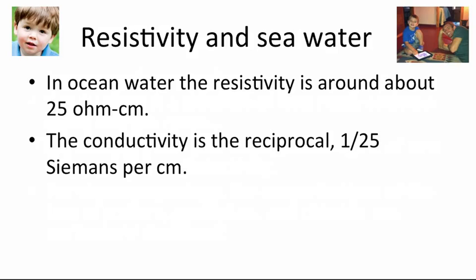Seawater has a resistivity of 25 ohm centimeters. Well, that's just an arbitrary unit, but it means that it's a fairly low resistivity, which means it can conduct quite well. Conductivity is the reciprocal, and it's measured in Siemens per centimeter, Siemens being the modern-day reciprocal unit of ohms.